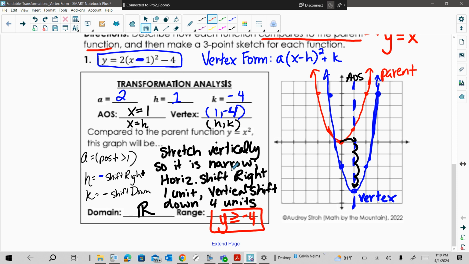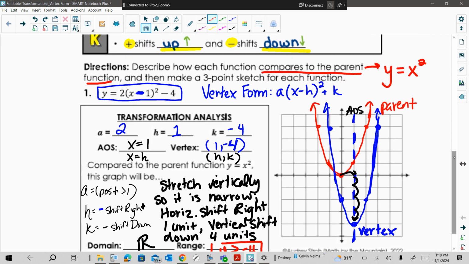If you want to highlight that, I'm going to color code to compare. So you're going to compare the red, my red parent. What's the parent function? Is it x to the power of 2? It's y equals x squared. That's the parent function for a quadratic. Always. And we're always going to compare to the parent, yes.